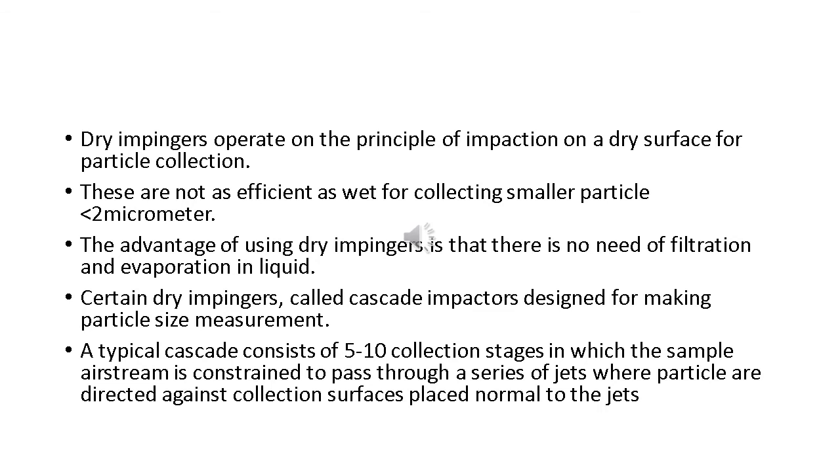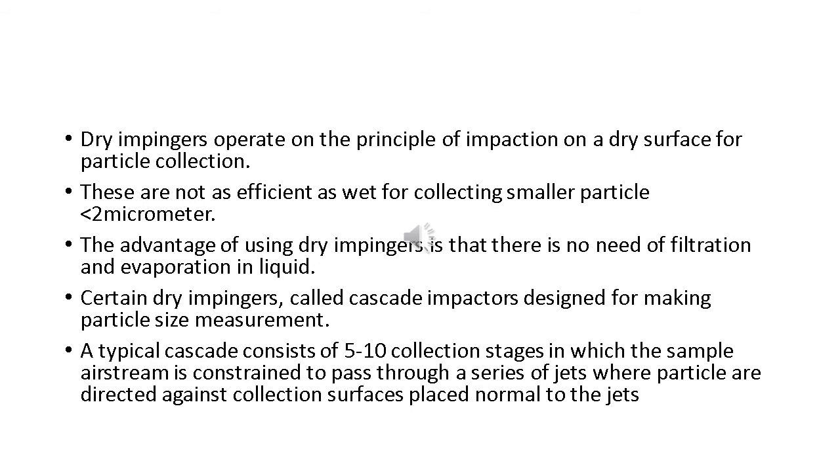This Cascade consists of 5 to 10 collection stages in which the sample airstream is constrained to pass through a series of jets, where particles are directed against collection surfaces placed normal to the jets.